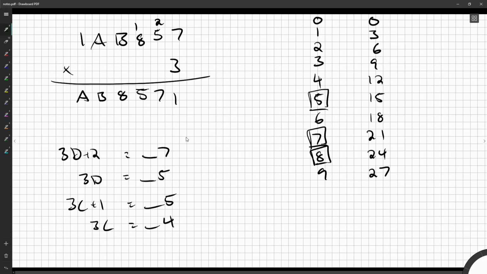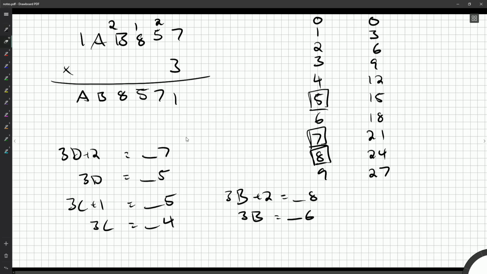So 3 times 8, 24, plus 1, 25, so we'll carry a 2. So 3 times B plus 2 ends in an 8. So 3B ends in a 6. What number possibly ends in a 6? 2.